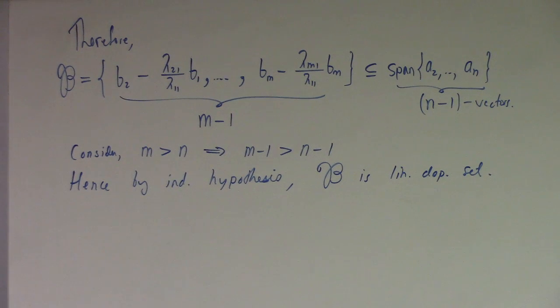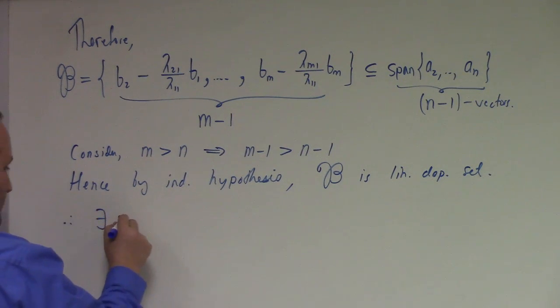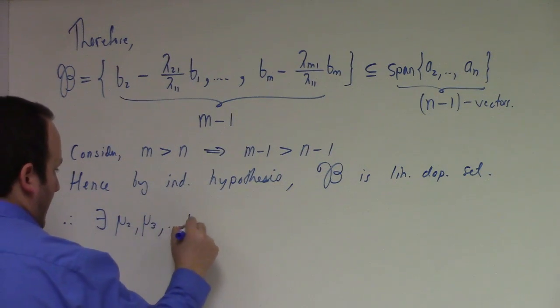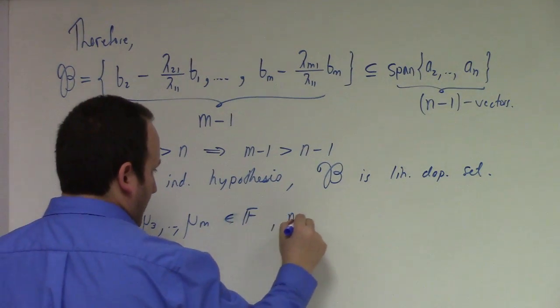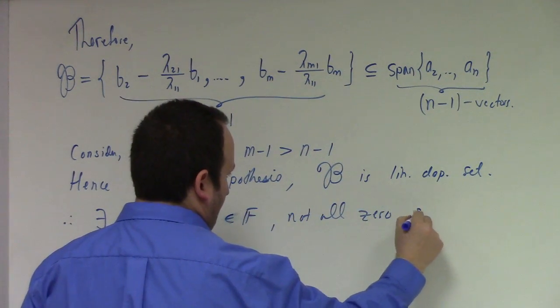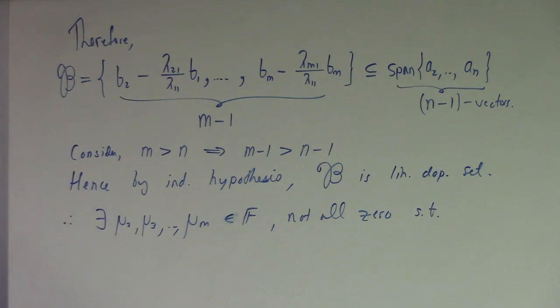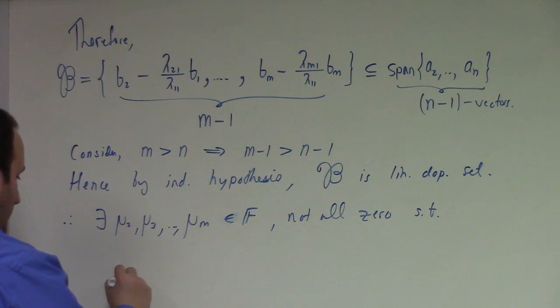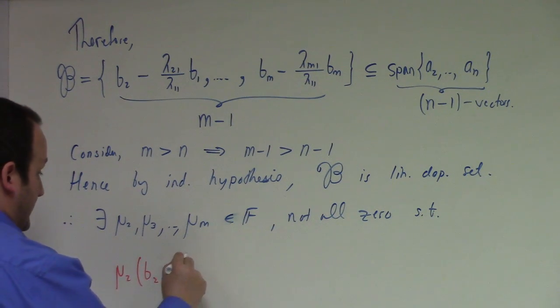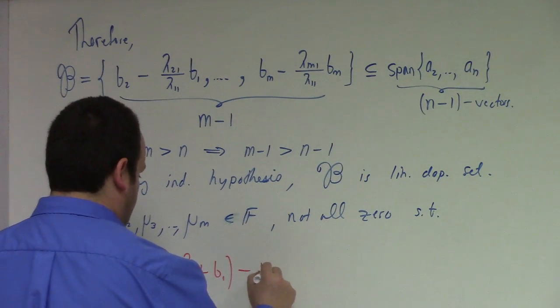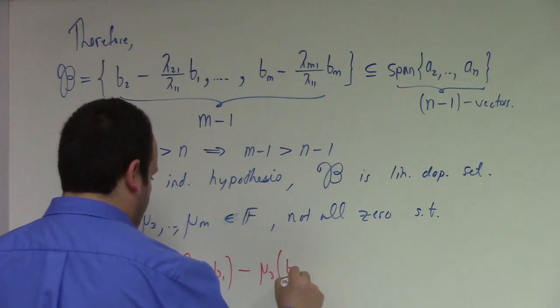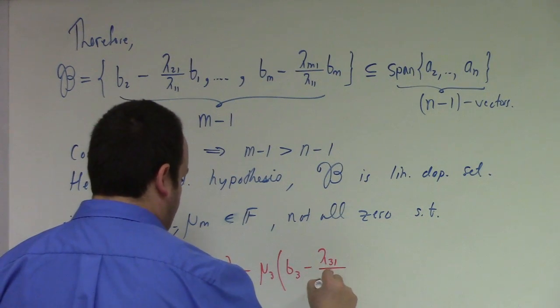Then there exists mu2, mu3, all the way out to mu_m, not all 0, such that what? Here we go. We get mu2 times b2 minus lambda 2,1 over lambda 1,1 b1, minus mu3 times b3 minus lambda 3,1 over lambda 1,1.